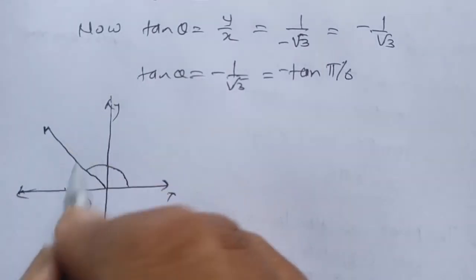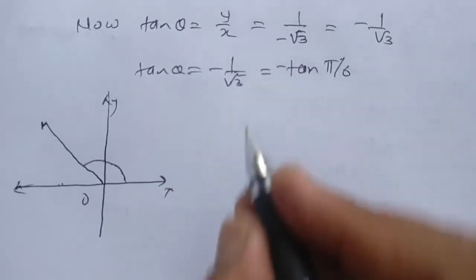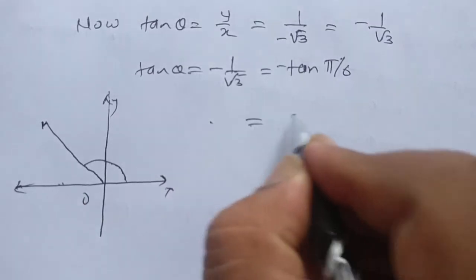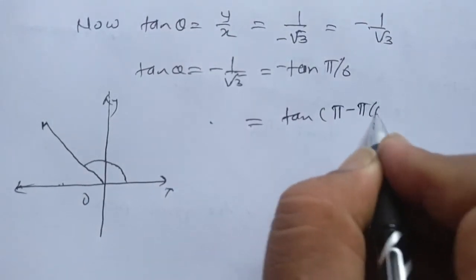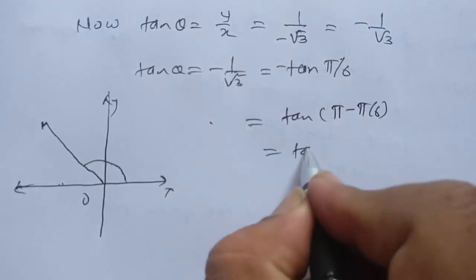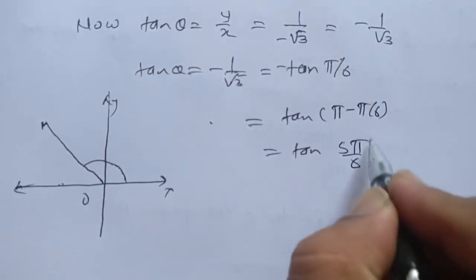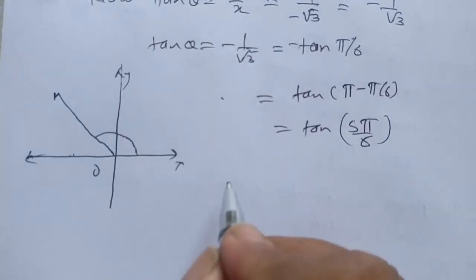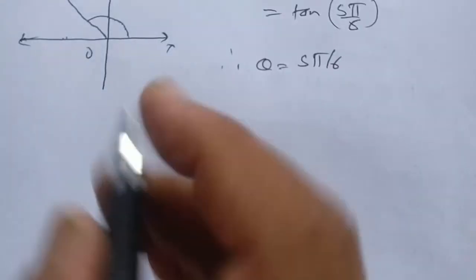By allied angle formula, we take pi minus pi by 6. So this is equal to tan of pi minus pi by 6 is equal to tan of 6 minus 1, 5 pi by 6. Therefore, theta is equal to 5 pi by 6.